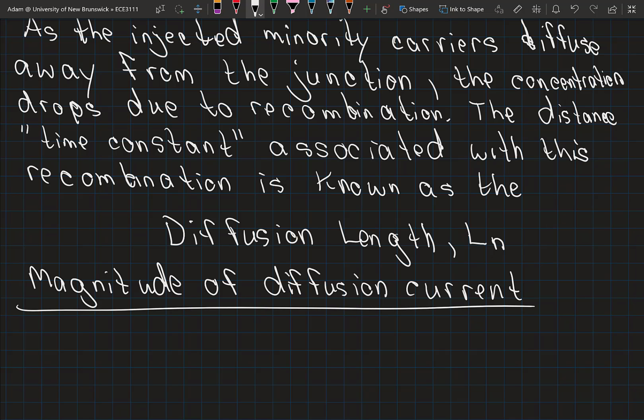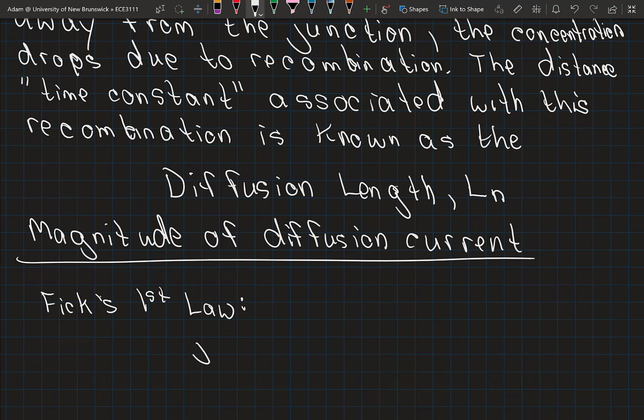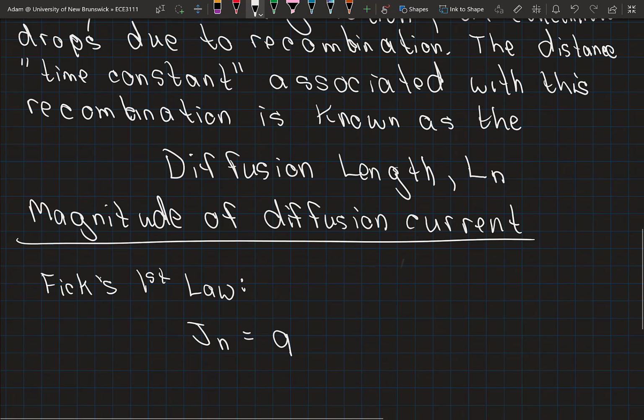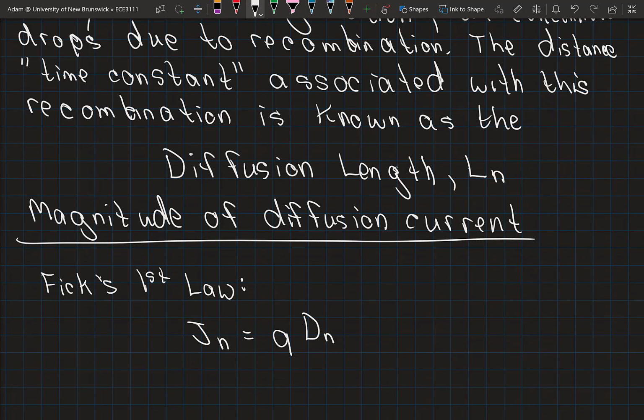So the magnitude of the diffusion current, as we looked at before, which is based on Fick's first law, we found that diffusion current is equal to our fundamental unit of charge, the diffusion constant for electrons, and the concentration gradient of minority carriers.